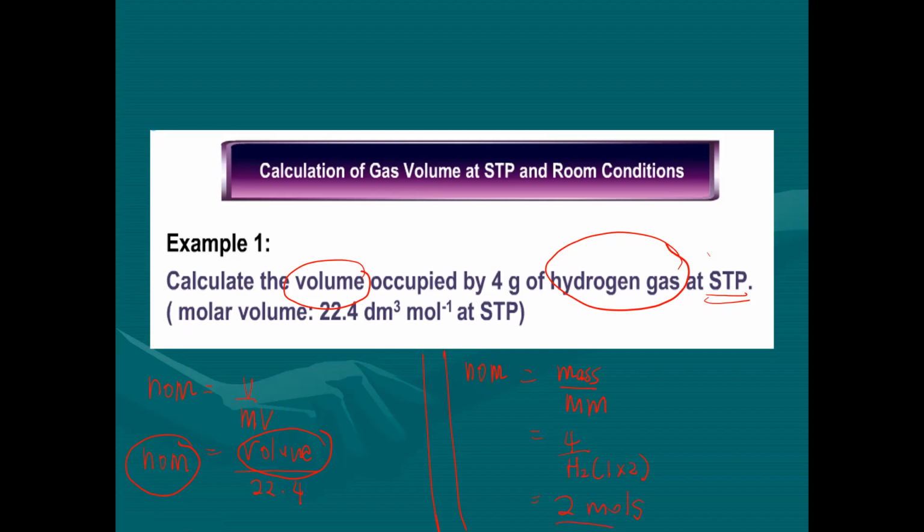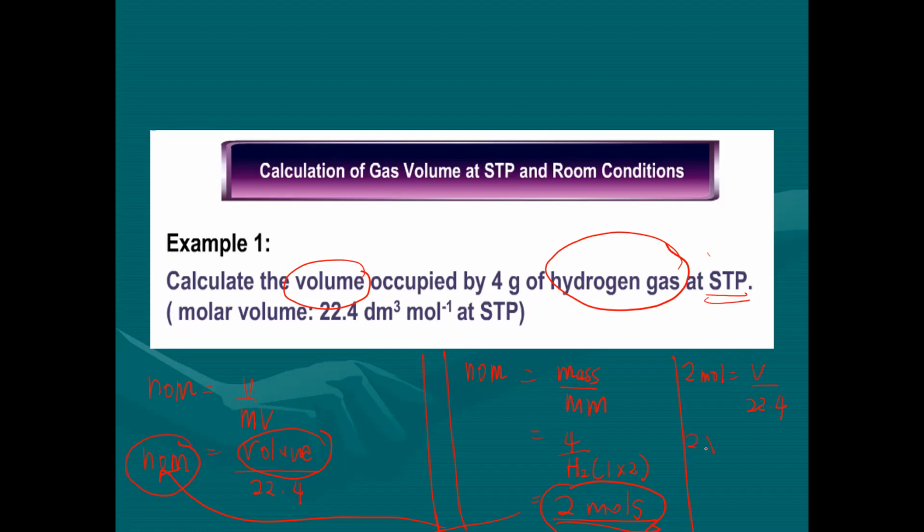Now class, what can I do here? Can I take these 2 moles and bring it over here to solve my problem? Yes, very good, I can. So I'm just bringing it over to this side. 2 moles is equal to volume over 22.4. Now, do I have two unknowns or one unknown? 1. Can I answer the question?